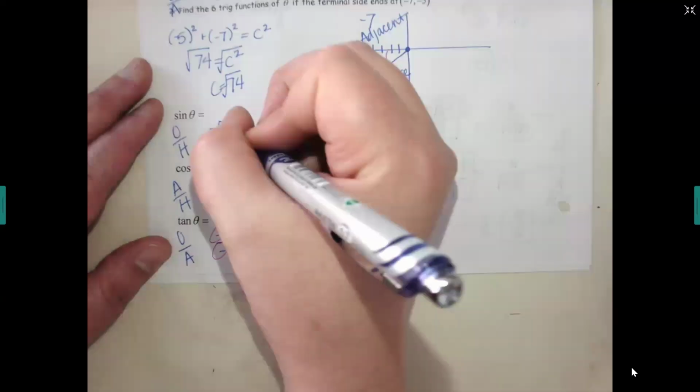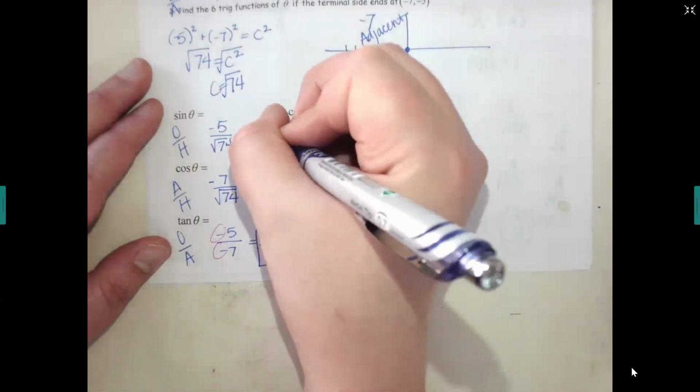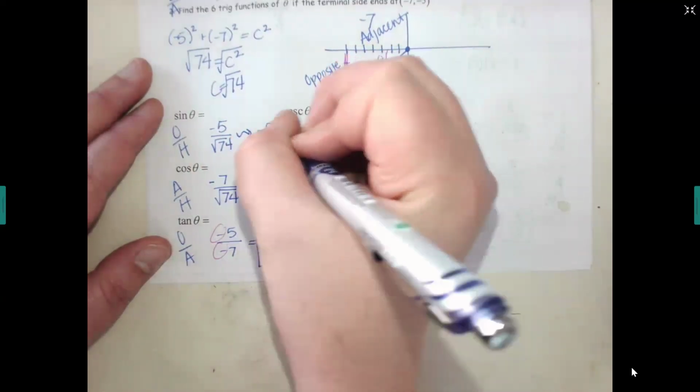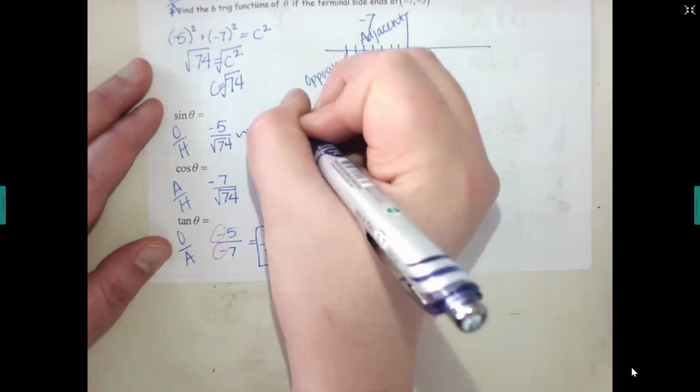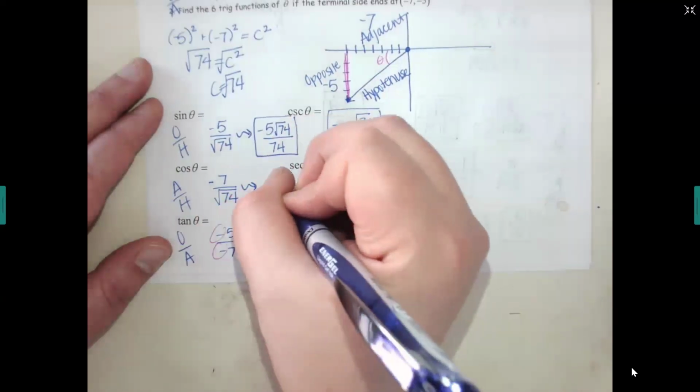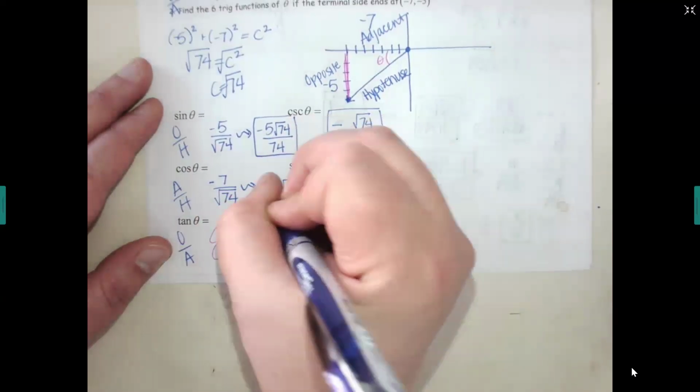From there, notice we boxed 4 of our answers, but 2 of them we'll have to fix doing the little square root thing that we should be able to do. So this is going to go to -5 root 74 over 74. And then this is going to go to -7 root 74 over 74.